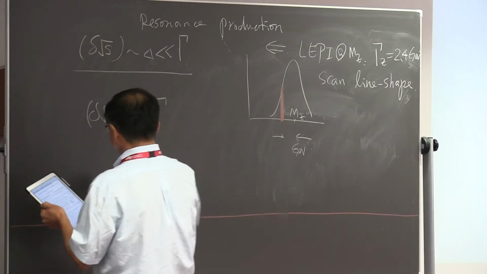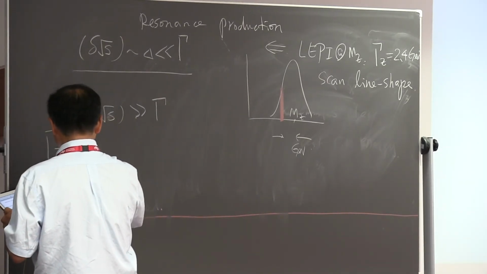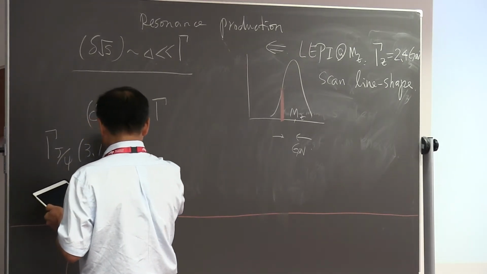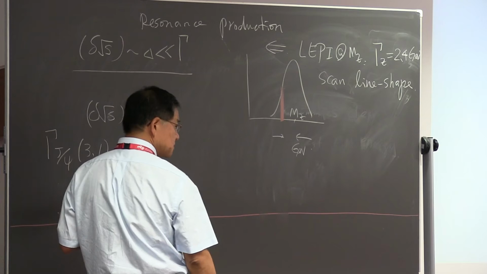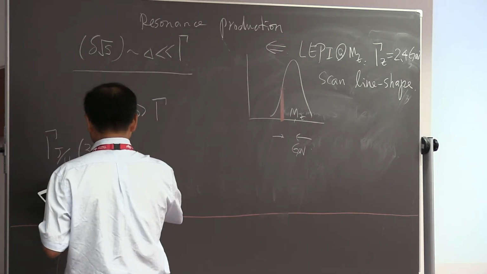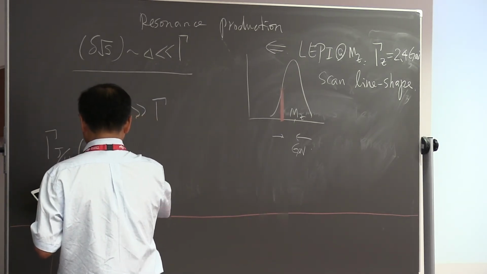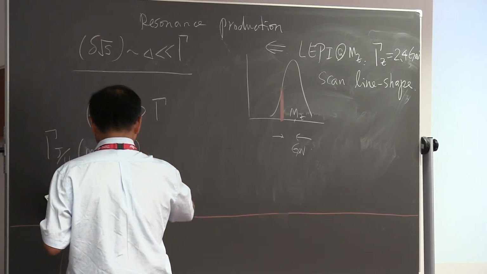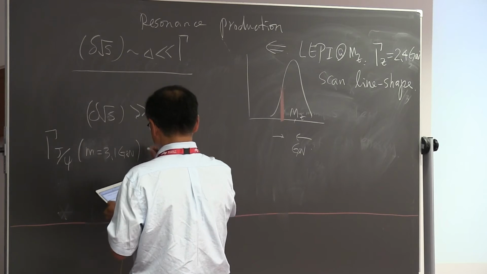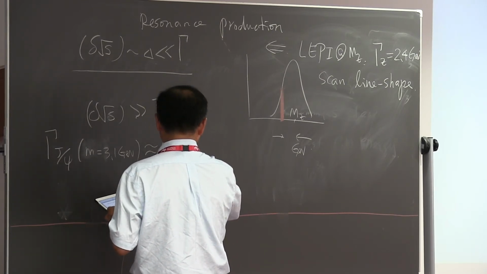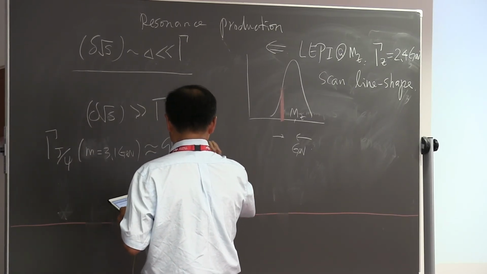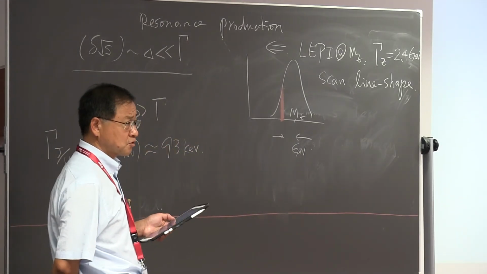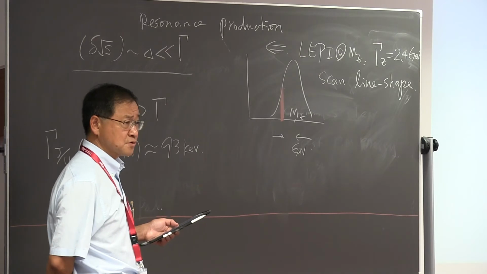The mass of the J/psi is 3.1 something GeV. The width turned out to be of the order of 100 keV. Extremely narrow, even though it is a strongly interacting particle.